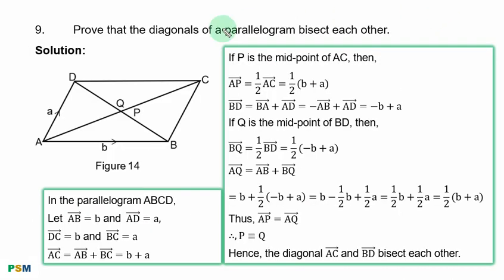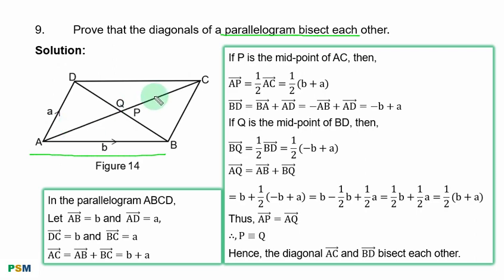Example 9. Prove that the diagonals of a parallelogram bisect each other. Solution. We have this figure as a parallelogram. We have AB equal to CD, AD equal to BC. We have two diagonals, BD, AC.